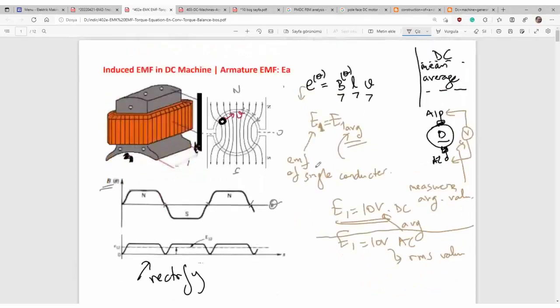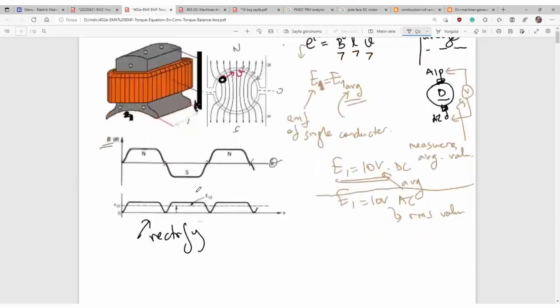I want to have the average value. I wonder about the average value induced in a single conductor. So, to have the average value, let me calculate the average flux density. Here it is, ladies and gentlemen. I can say here's such a B average, which is constant under a pole.